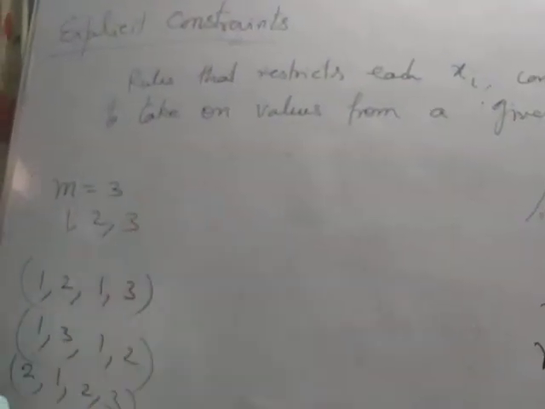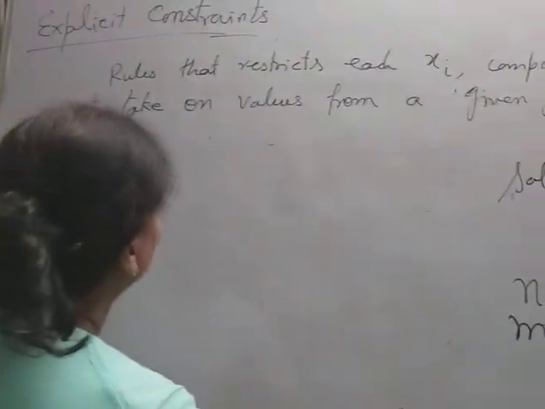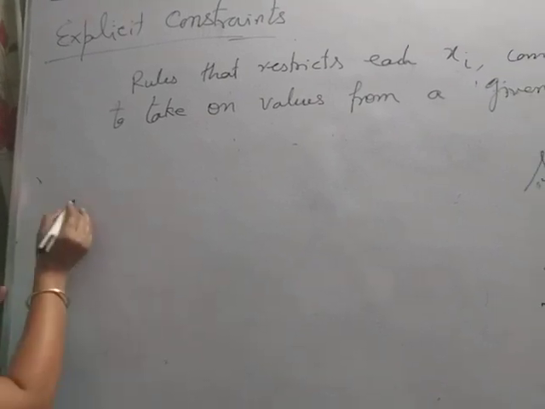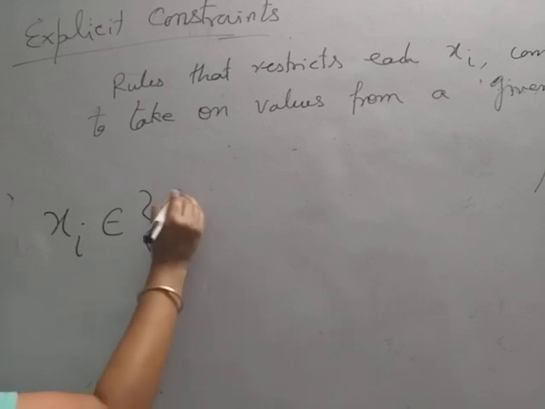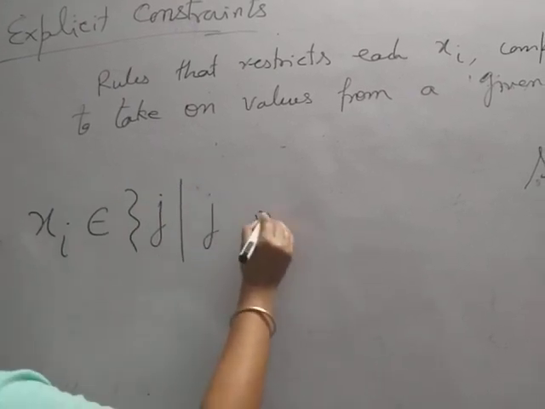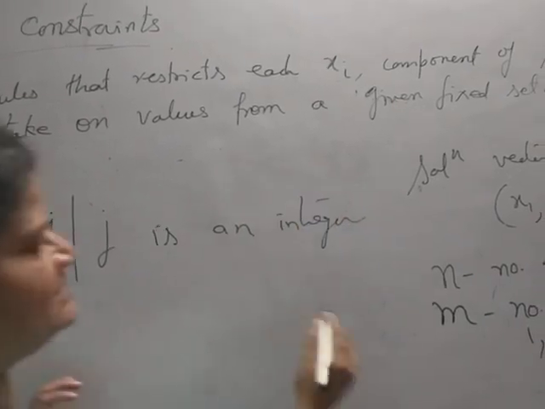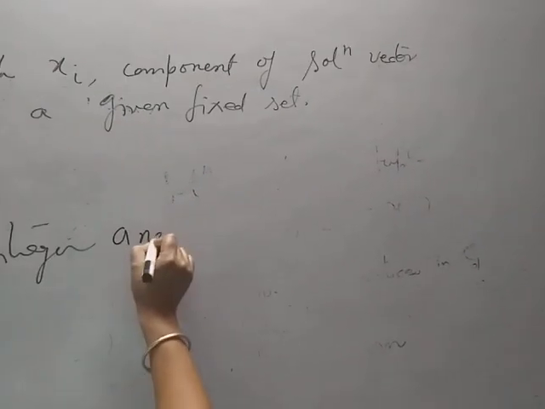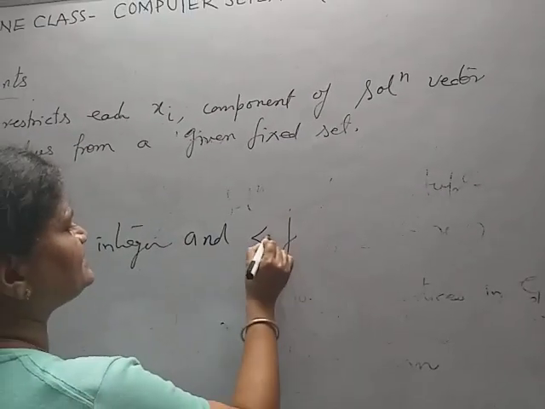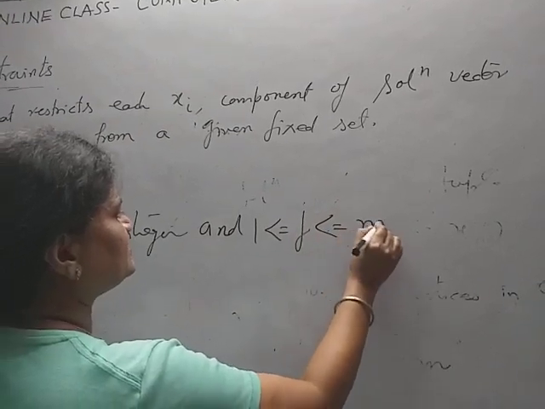So in this case, for the graph coloring problem, the explicit constraint is xi belongs to j such that j is an integer and 1 is less than or equal to j, less than or equal to m.